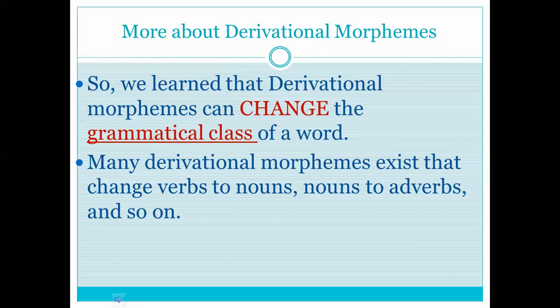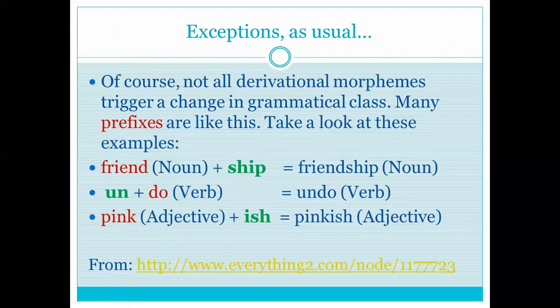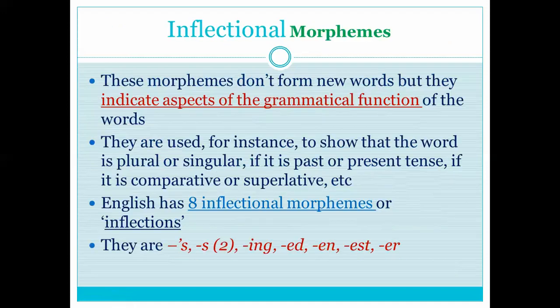Now, sometimes, though, there are going to be other words, and you can refer to this on your own, that they don't change it from verb to noun to adjective. It might change maybe the tense. So it still functions as a noun, or it still functions as a verb. That does not change for the word, but it might change the verb tense, right?